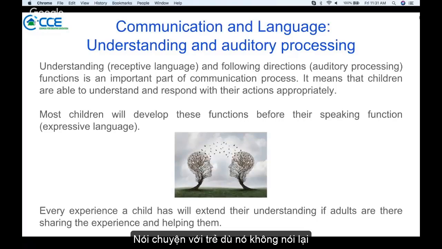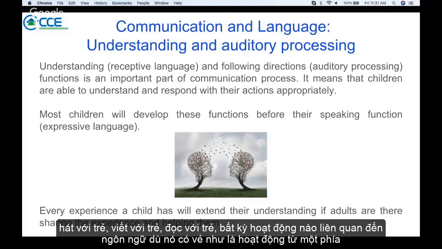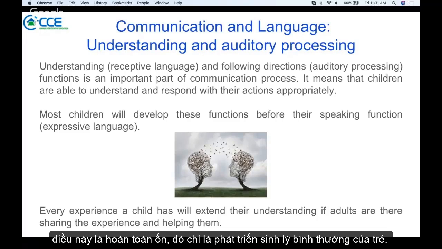Talk to the child, even if the child doesn't say anything back. Sing to the child, rhyme to the child, read to the child. Any activity which involves language, even if it seems like a one-way activity, adult to child, is absolutely fine. It just has to do with the physiology, with the development of the child.